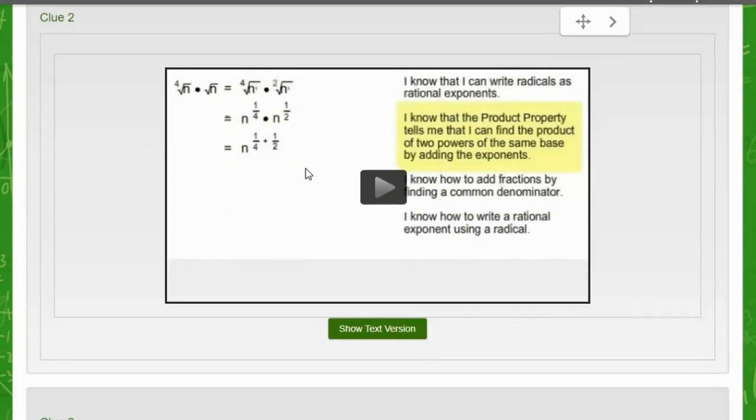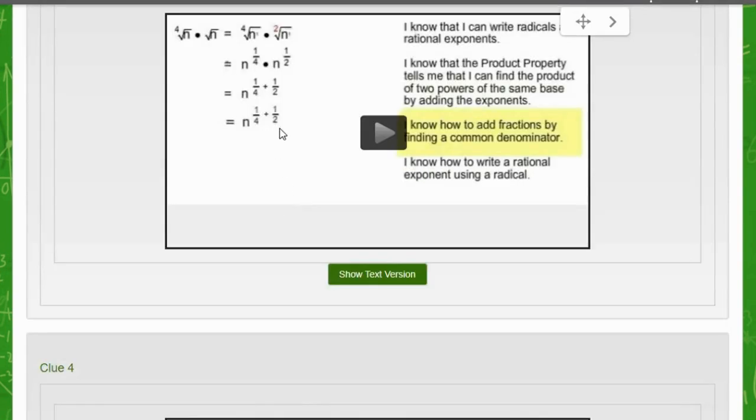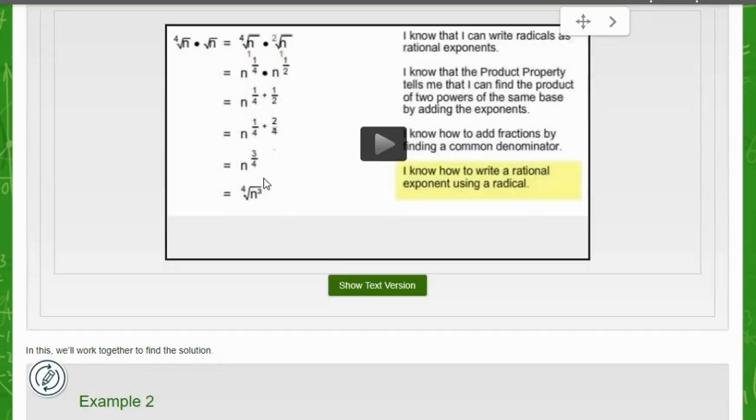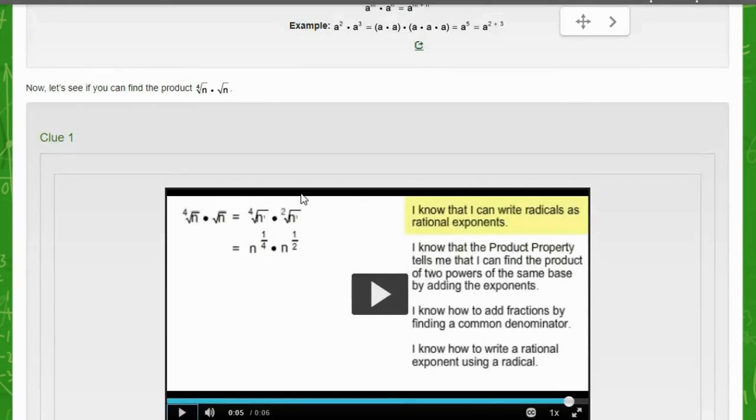Then the next thing you do is add them. I know the product property tells me I can find the product of those two by adding them. Then you've got to find the common denominator. So 1/4 plus 1/2. You make the common denominator and then write it back as a radical.